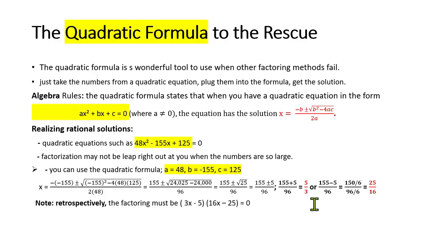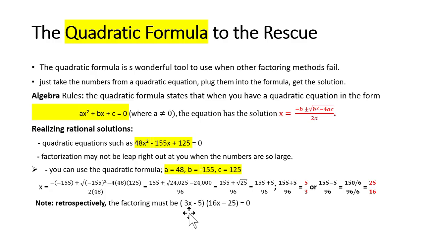So then you get the solution in fraction part, 5 over 3, minus 25 over 16. But by using this answer, you can factor the 40x squared minus 155x plus 125 equals 0.